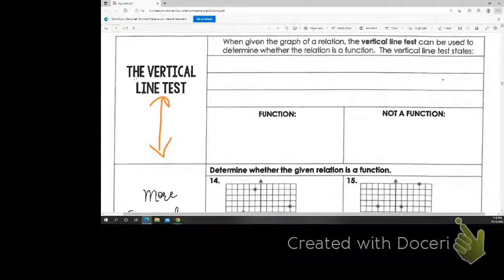The vertical line test states that for a function, no vertical line intersects the graph in more than one place.